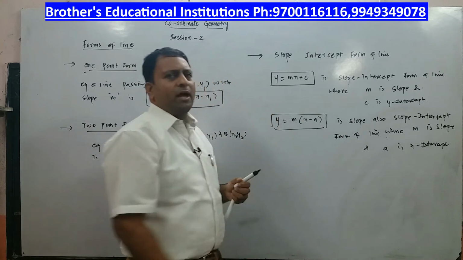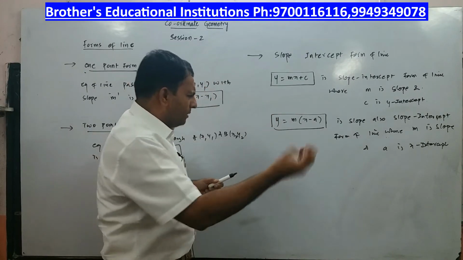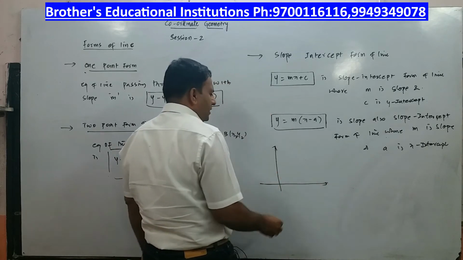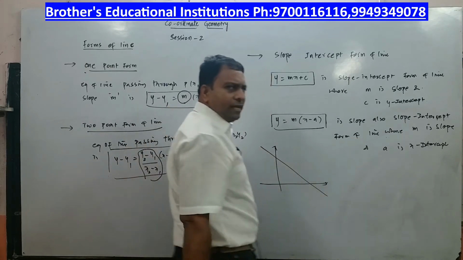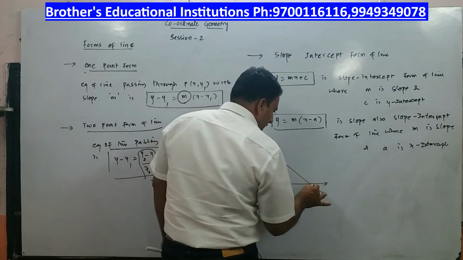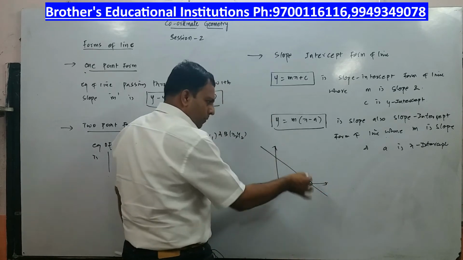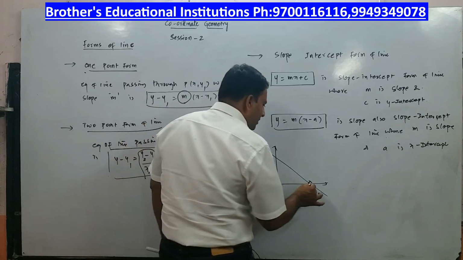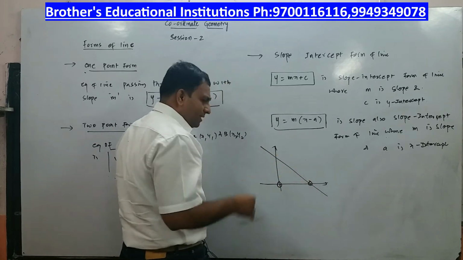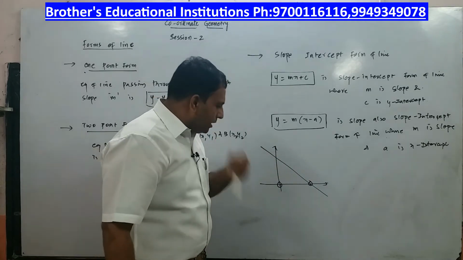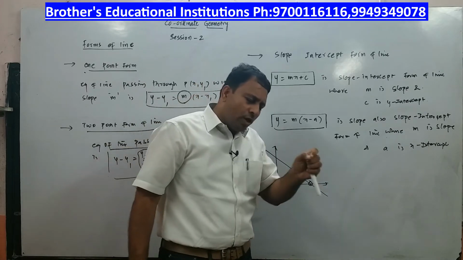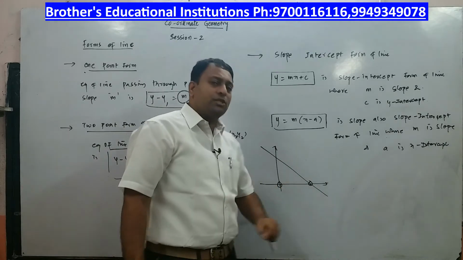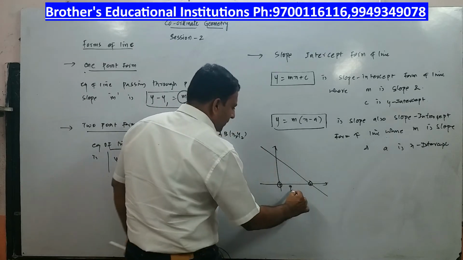You might be having a doubt, what do you mean by intercept? Very simple. Let me take an example. Suppose I have x-axis, I have y-axis, and a line is cutting the x and y axes like this. Now where is it cutting the x-axis? At this point. You will mark that point. Where is the origin? You mark that point. The distance between the origin and the point where the line cuts the x-axis is called x-intercept.